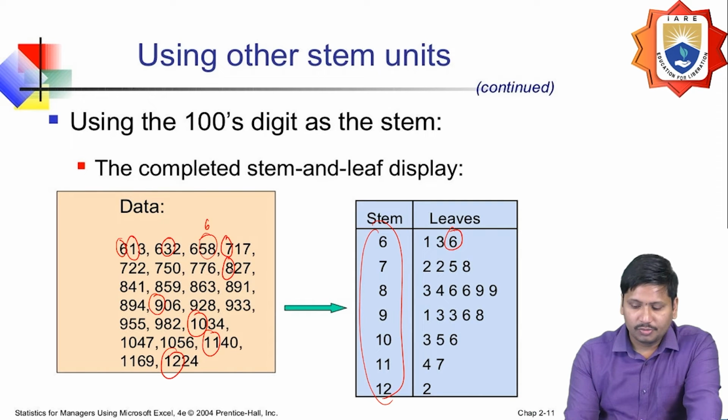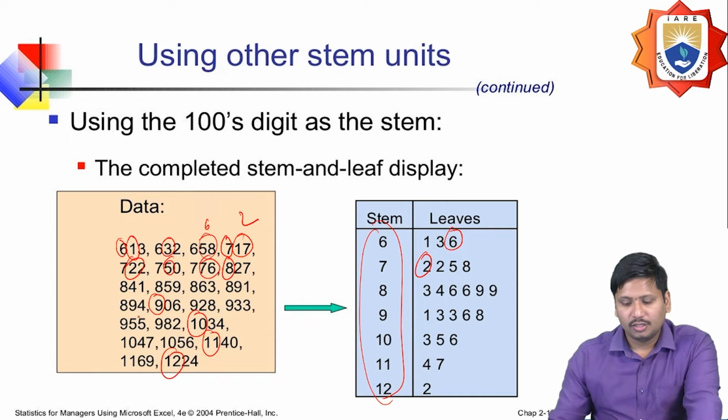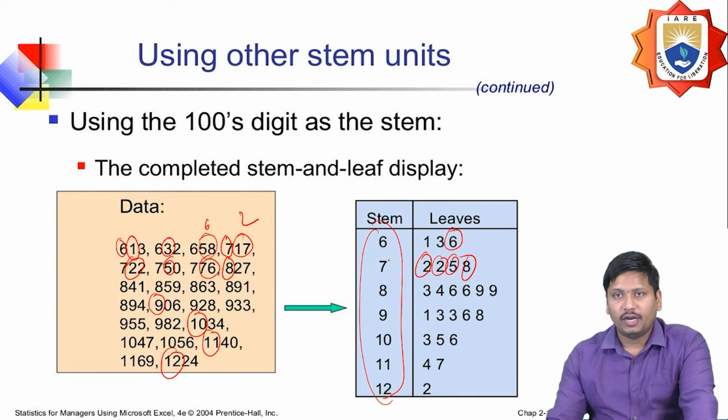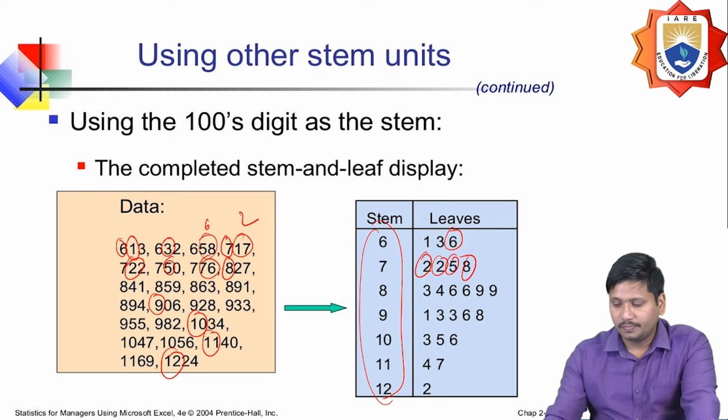Similarly for this term 7, so what I am going to take here is, for this term, the leading rounded digit of 17 should become 2, right? So 2 I have to take here. Similarly 2 here, and here it should be 5, and it should be 8 here. So like this I have to construct this stem and leaf diagram for any kind of digit number.